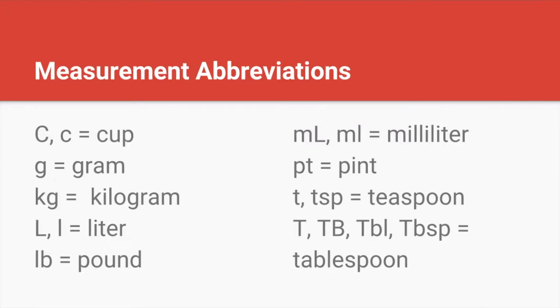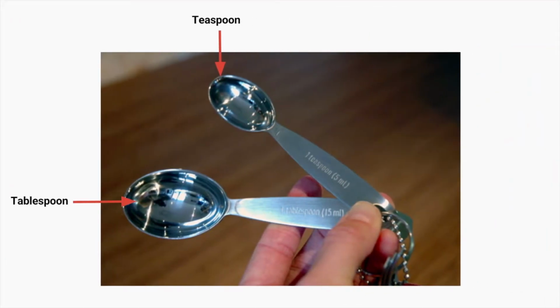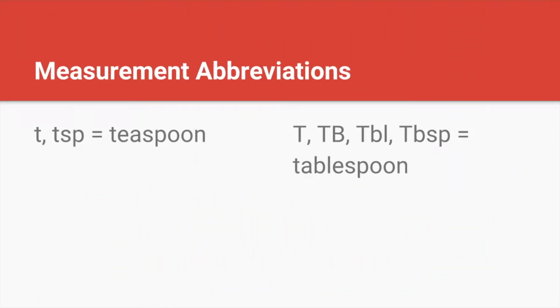And now, for the most common two, and the often most mistaken, lowercase t or tsp equals a teaspoon. An uppercase T, uppercase TB, TBL, or TBSP all can mean a tablespoon.